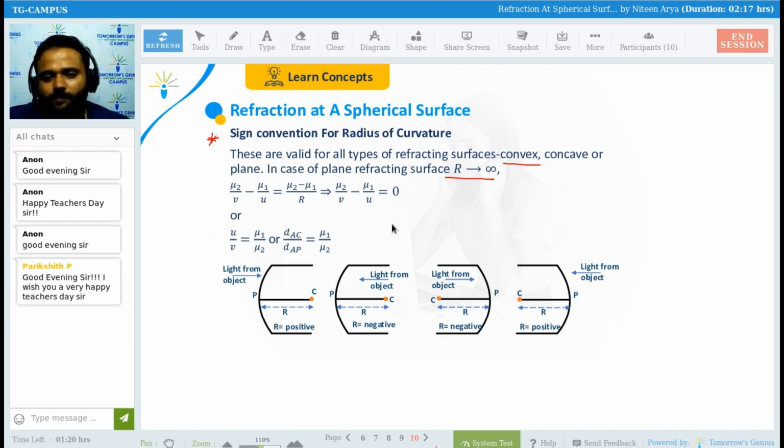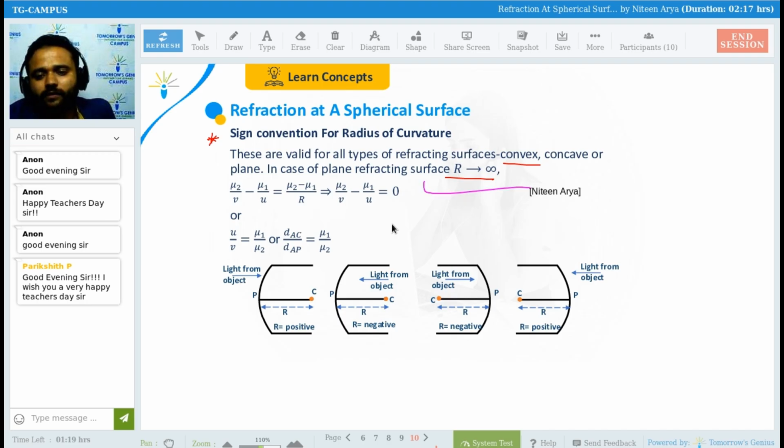Okay. Why, for a plane, is the radius of curvature infinite? That is what I am asking. Someone please tell me about it. I mean, why should I write R equals infinite for a plane surface? Why?